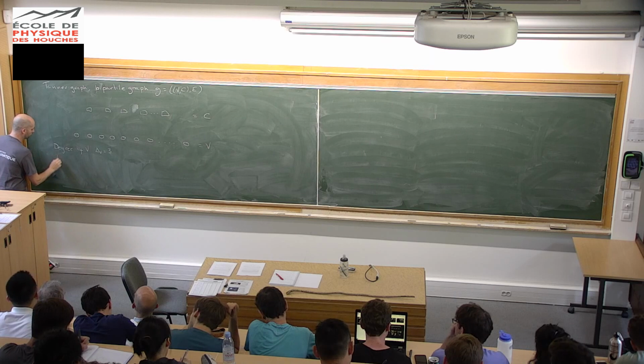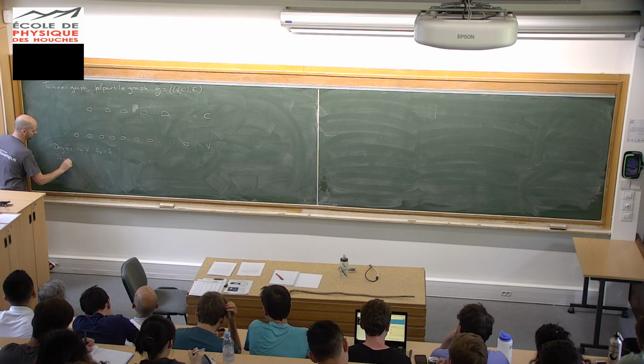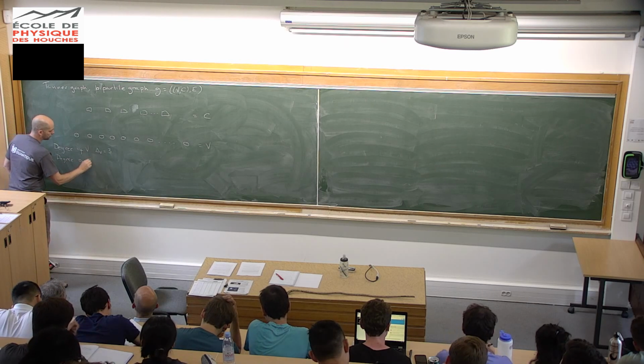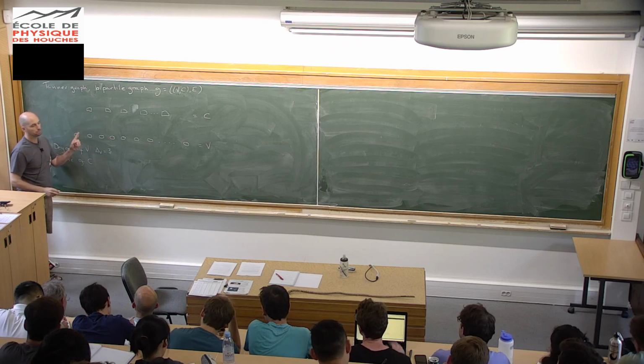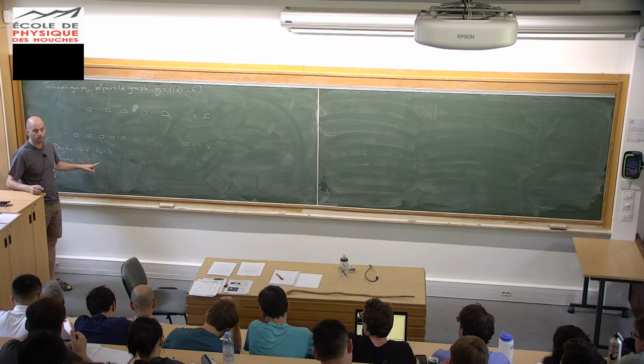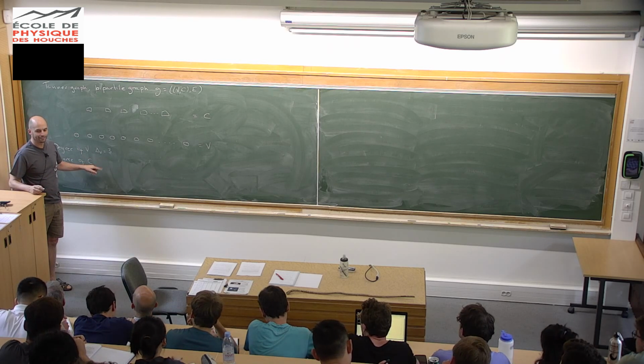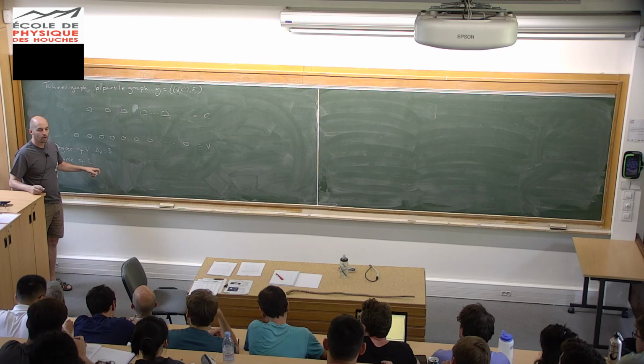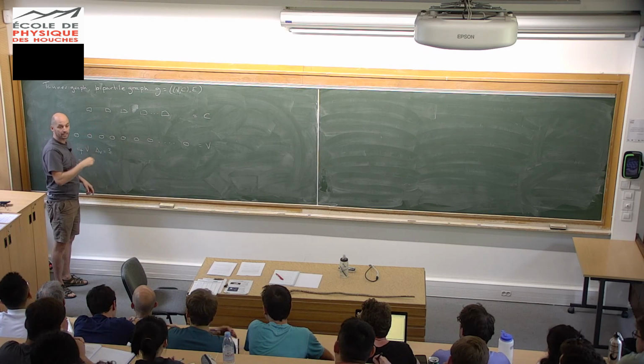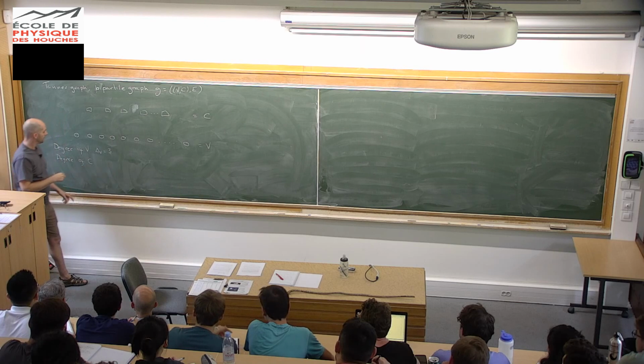And let's say we want the degree of the check. Should the degree of the check be higher or lower than the degree of the variables? The degree is the number of edges coming in. Should be higher.